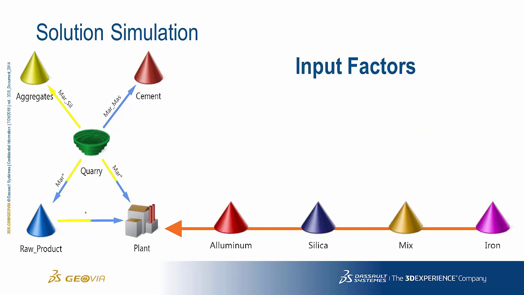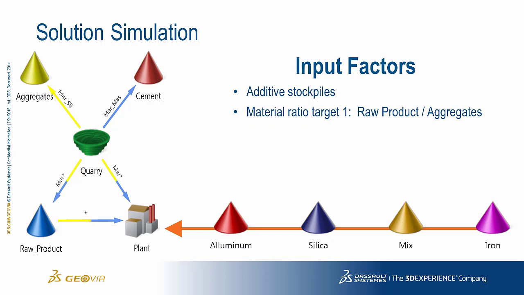So over and above the additive stockpiles, we have other scheduling parameters that we can adjust. We can have material ratio targets, so a target of the ratio of raw product to aggregates, as well as the ratio of raw product to cement.